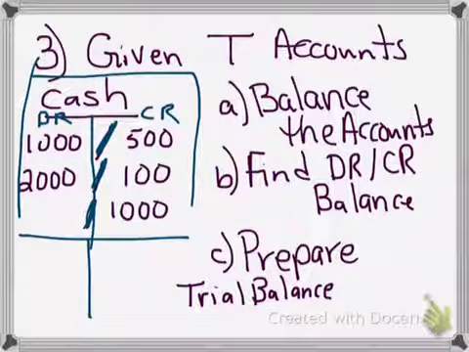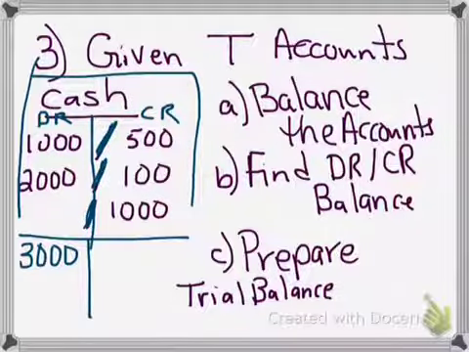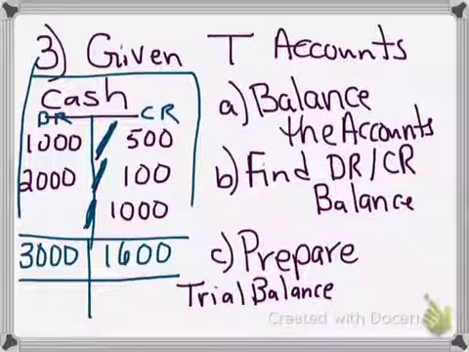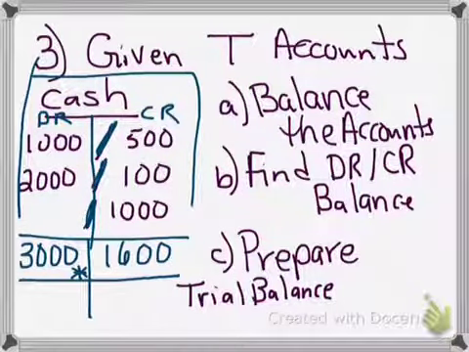I would balance the debit side at $3,000, and then I would look at the credit side, and that credit side would be at $1,600. Then I would look at the two, compare them, and come up with whether it is a debit or a credit balance. In this case, it is going to be a debit balance because $3,000 is more than $1,600.